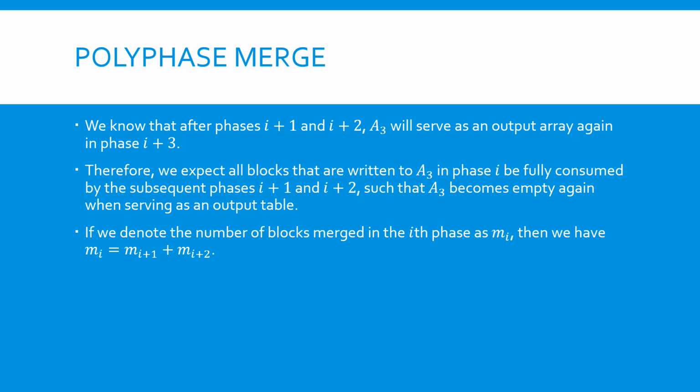If we set our focus to A3, it contains Mi blocks at the beginning. The two subsequent phases consumed Mi+1 and Mi+2 data blocks, respectively, and after that, it becomes empty. In this case, we can easily summarize that Mi equals Mi+1 plus Mi+2.